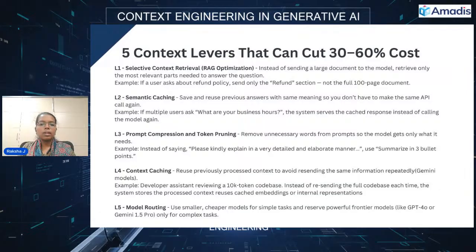The fourth lever is context caching. Consider a situation where a developer wants to review their PR, so the entire token count might be 10,000 tokens, and every time the LLM has to check the entire data.